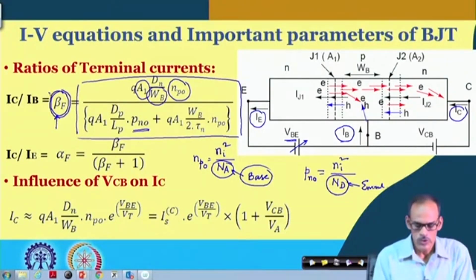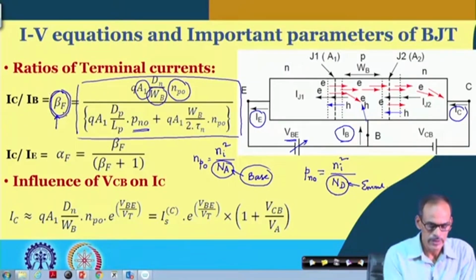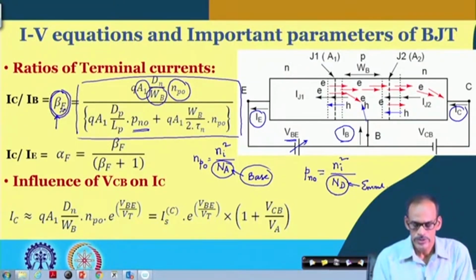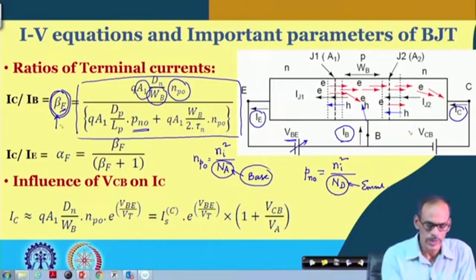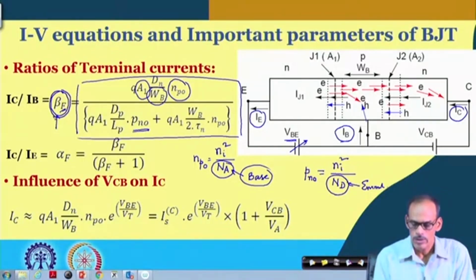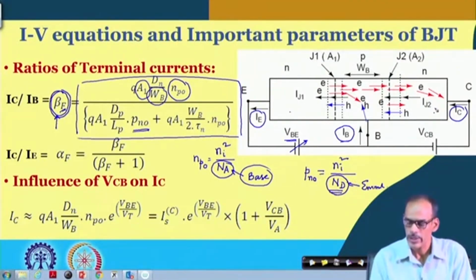Also, this F stands for forward direction, namely if the emitter is really used as an emitter, the collector is really used as a collector, and the device is in the active region, then whatever base to collector current gain we get, we call it beta F. On the other hand, if we pretend the collector terminal is the emitter and the emitter terminal is the collector, then instead of the ND of the emitter region, we have to consider the ND of the collector region, and its concentration is quite different from the emitter.